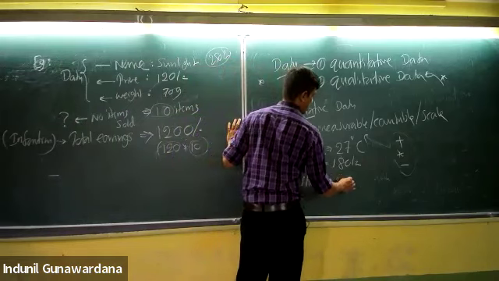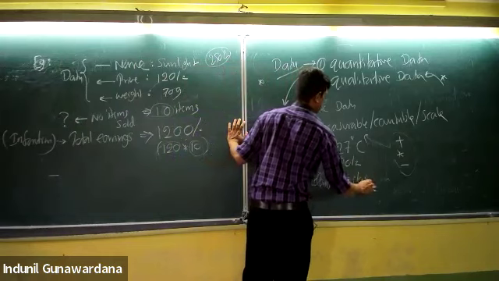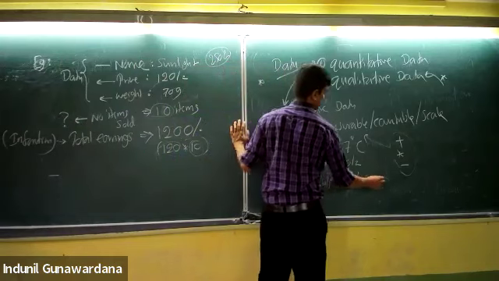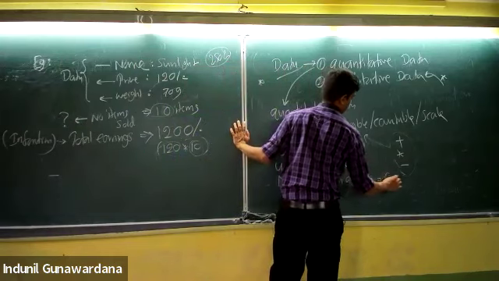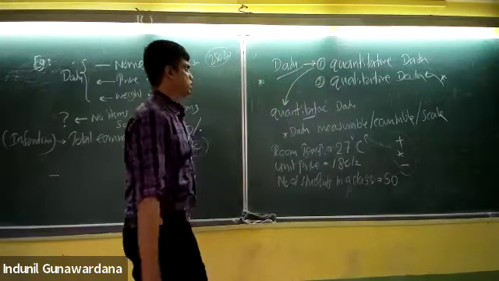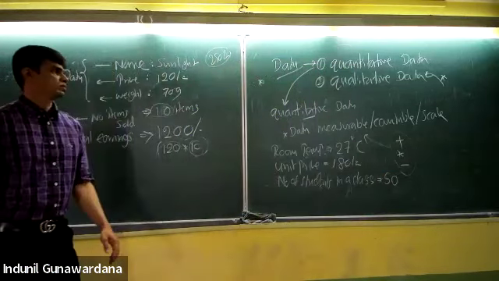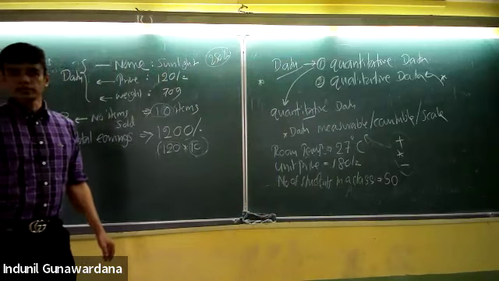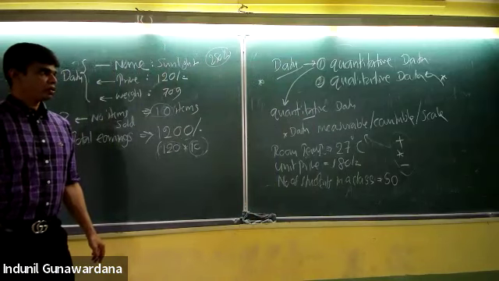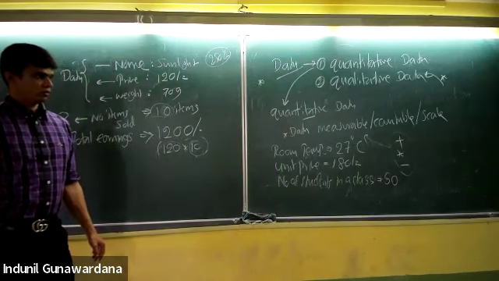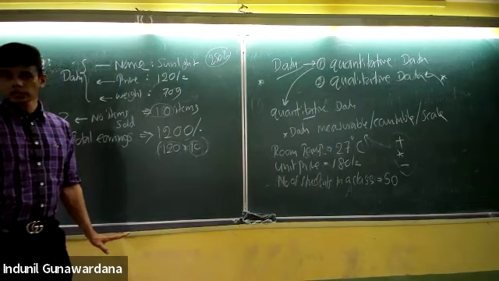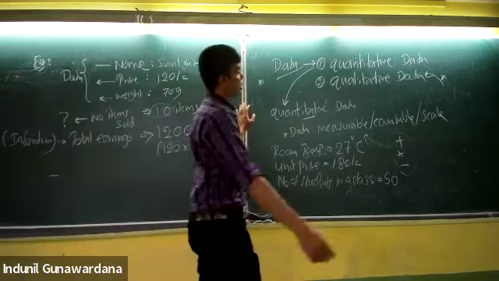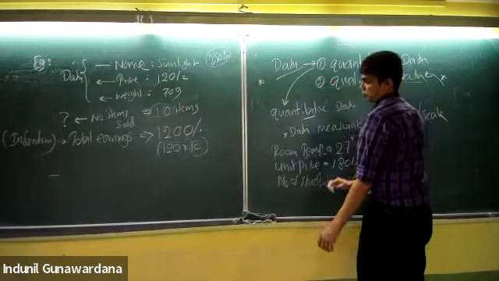Number of students in a class, say 50. These are going to be quantitative data. Right. Then we'll go to the next topic, qualitative data.